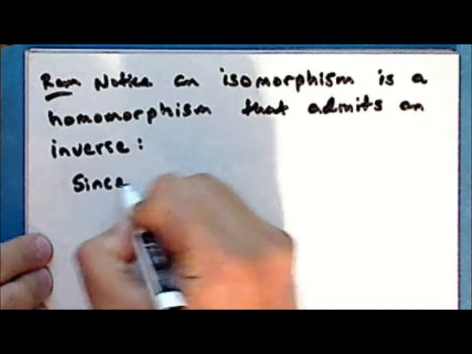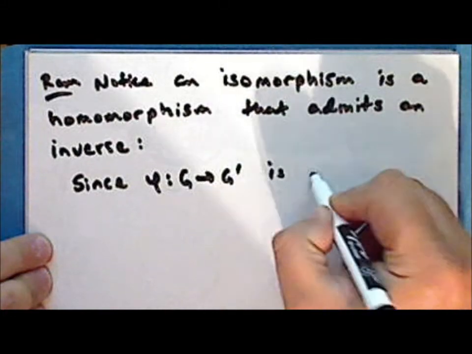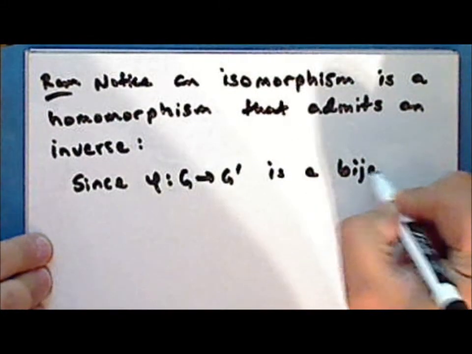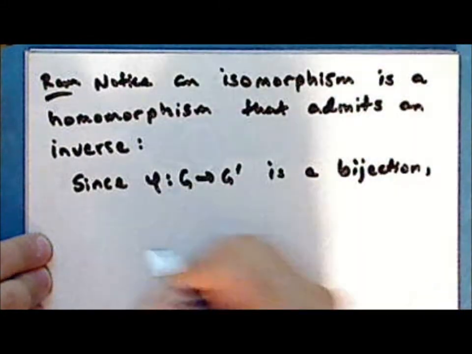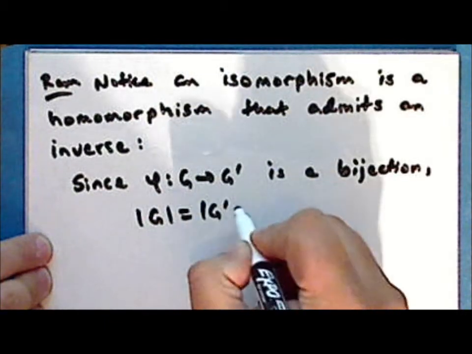Now, since the function phi from the group G into the group G prime is a bijection, the number of elements in the group G must be the same as the number of elements in the group G prime.